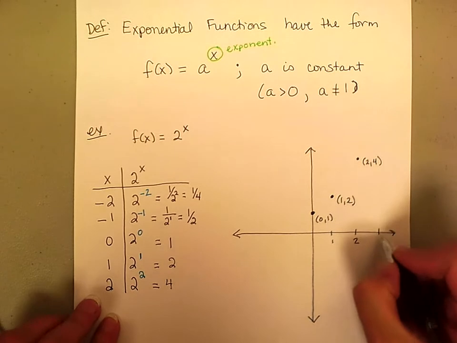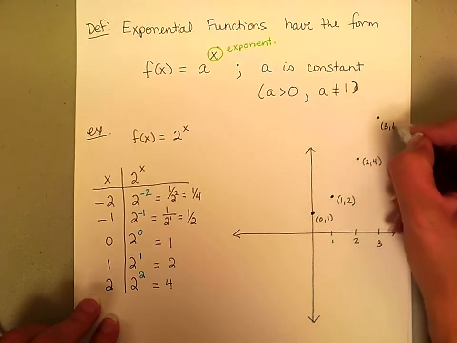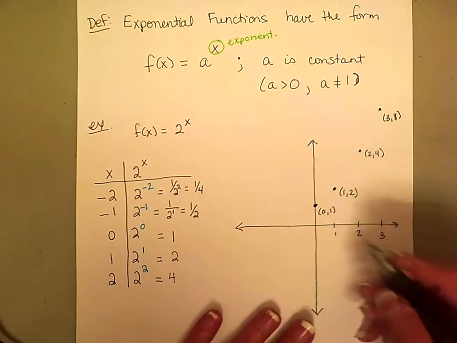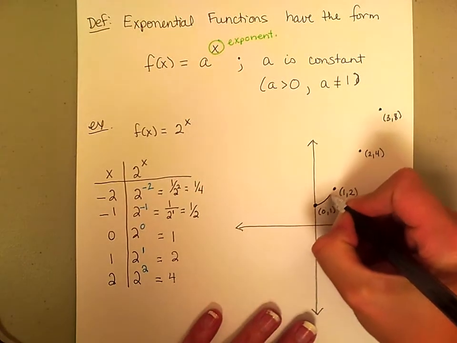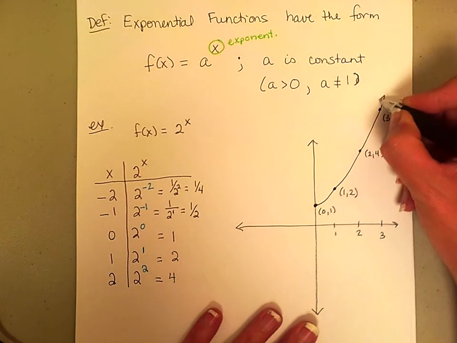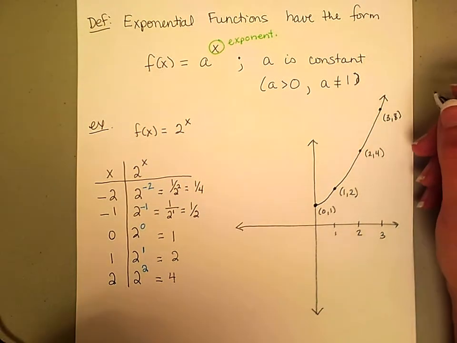If x were 3, we'd be way up here at (3, 8). So from this, I can see that the graph is taking off very steeply, and this is what we call exponentially.